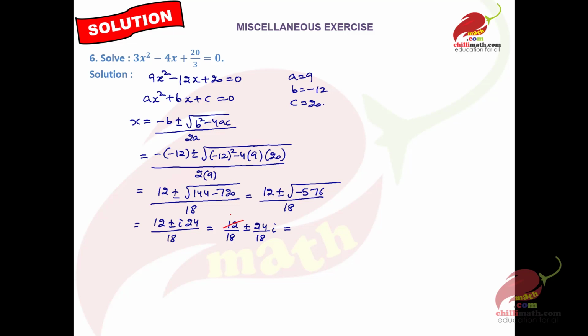Simplifying this, 6 into 2, 12, and 6 into 3, 18. Similarly, we can cancel 24 with 6, that is 6 into 4, 24. So we get 2 by 3 plus minus 4 by 3 iota as your required solution.